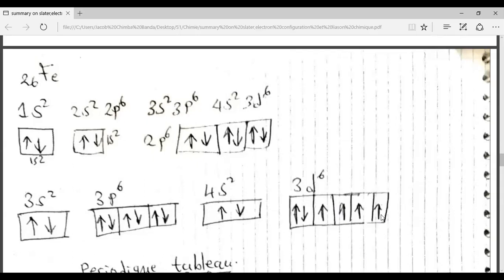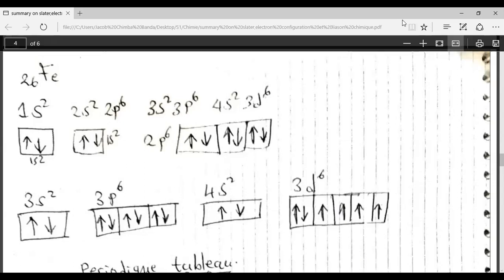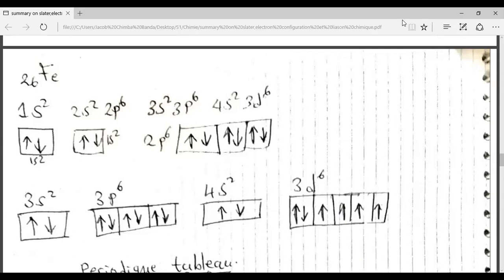So that's the rule, which is not really difficult, something simple. You should always put the single electrons first, the célibataires. After putting the single electrons, you find their partners. Then, according to the number of electrons you have, if you have 6 electrons, that's how you go about it.